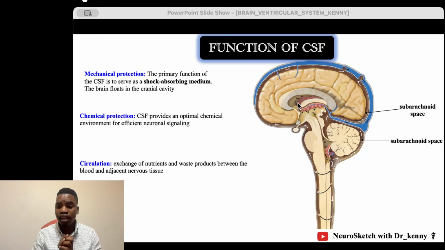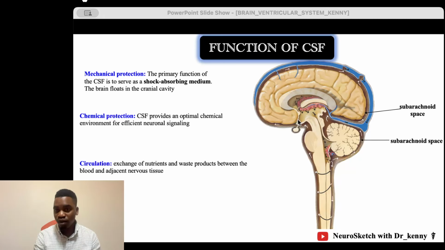But it also gives a good chemical environment for neurotransmission. Neurotransmission depends on important ions that are responsible for conduction of the nerve impulse. Of course, it also helps to remove waste products from the brain.